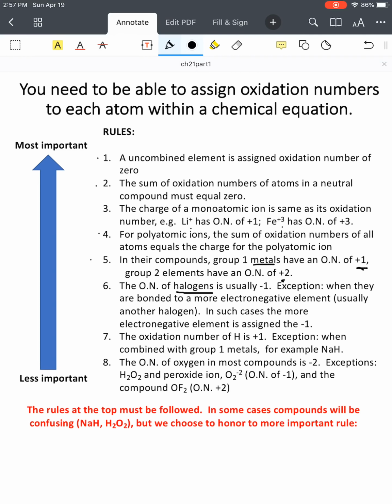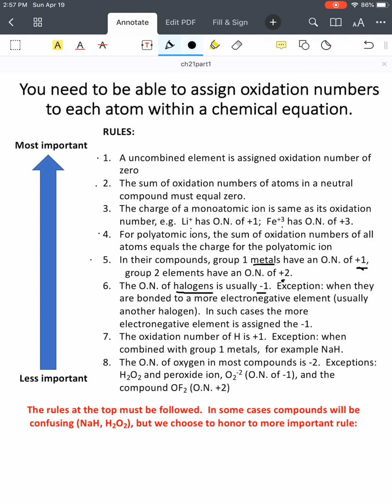If you've got an anion of a halogen, they are usually in -1 oxidation state, or halide, I guess it should be, like chloride, bromide. Most always they're -1. There is an exception to this rule that we can see sometimes.